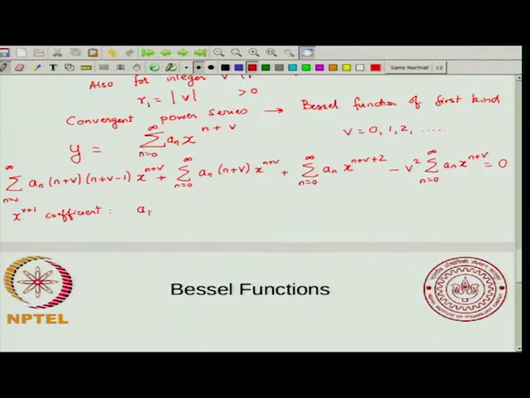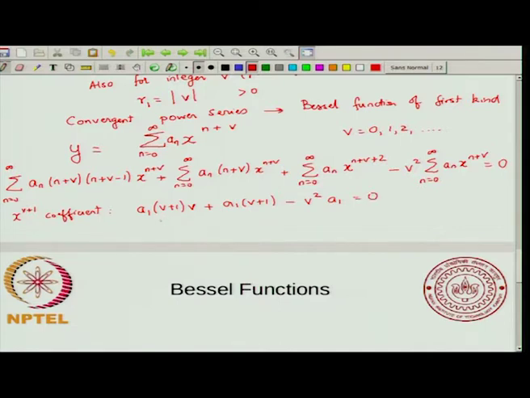So you get a1 times (v plus 1) times v. The second term will be a1 times (v plus 1). The third term can never give v plus 1, because it starts from v plus 2, so it will not even contribute. Then you have minus v squared a1, since for v plus 1, n has to be 1. And this is equal to 0.